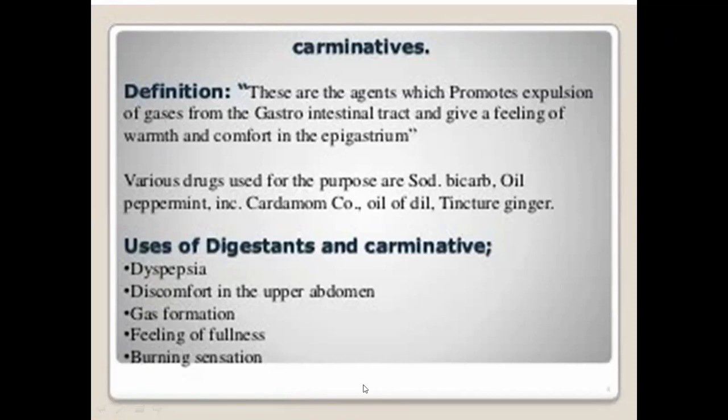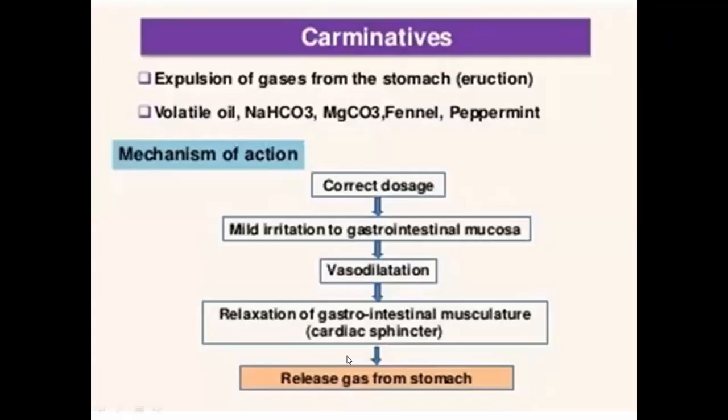Then next point, how they act, that is the mechanism of action of carminatives. First, expulsion of gases from the stomach, that is eruption. Removal of the gases from the stomach or GI tract is the major role performed by the carminative.